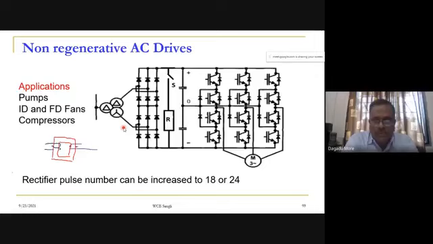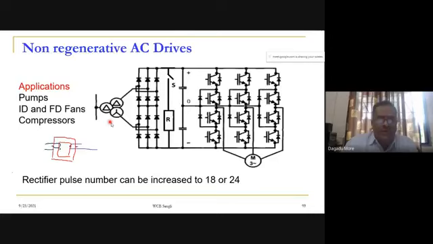Here we have a 3-phase transformer and the primary is connected in delta. There are 2 separate 3-phase secondary windings: one winding is connected in delta, the other in star.